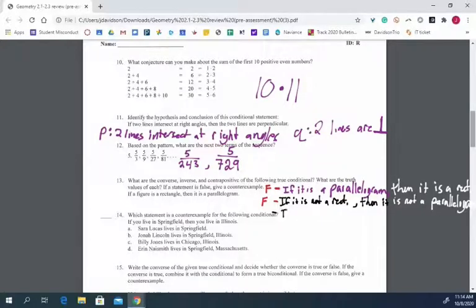So if it is not a parallelogram, then it is not a rectangle.